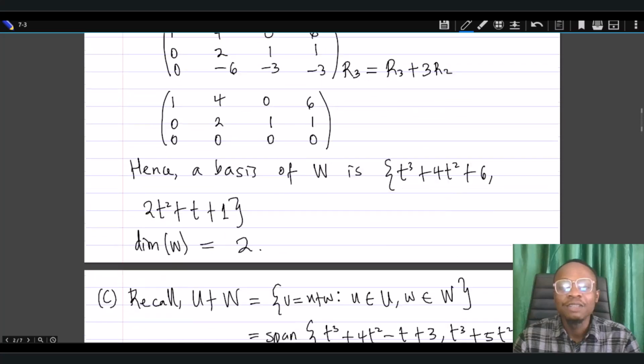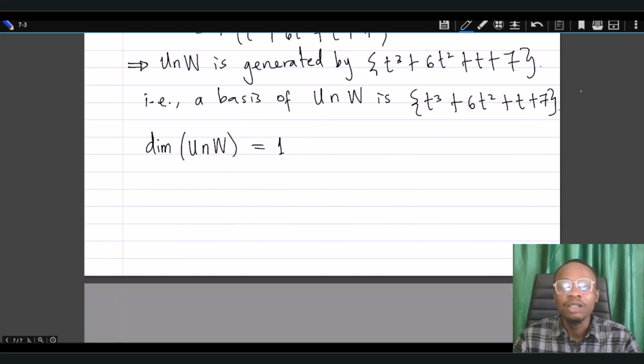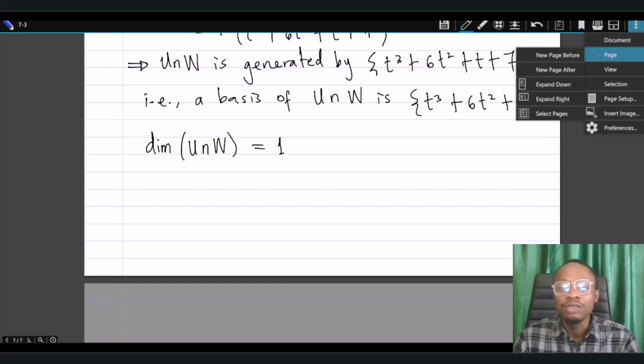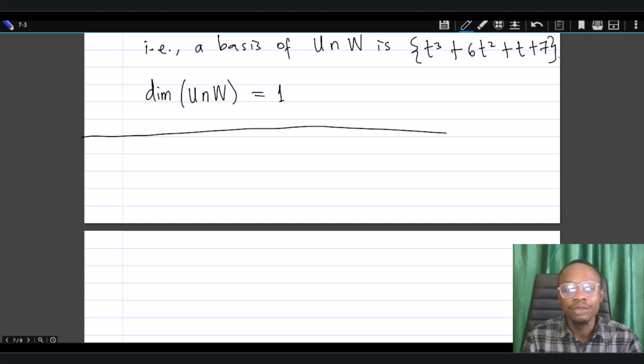Okay, so let us make an interesting observation here, which applies generally to vector subspaces U and W, and also their sum and intersection. Okay, so we're done with the solution to this problem. We just want to make some remarks here.